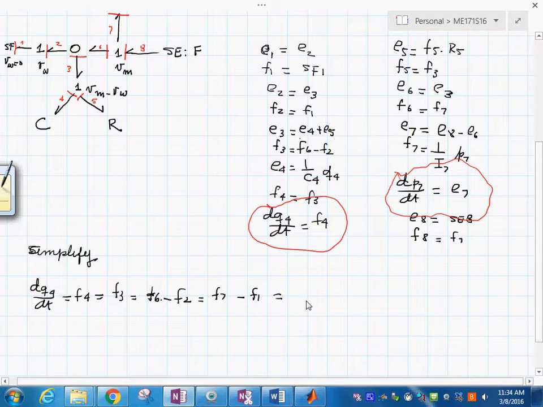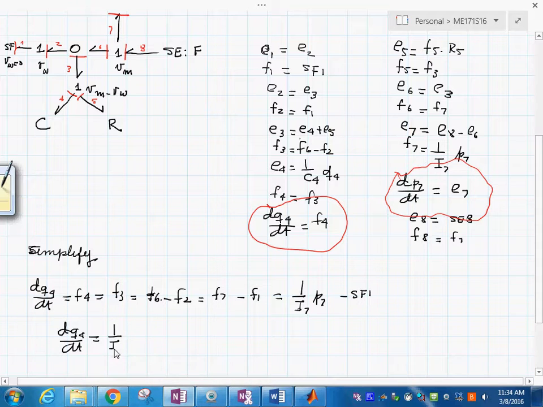Okay, simplified like this. I am going to do the same thing for the second one. Let's see, we are going to change colors again so we can write it.